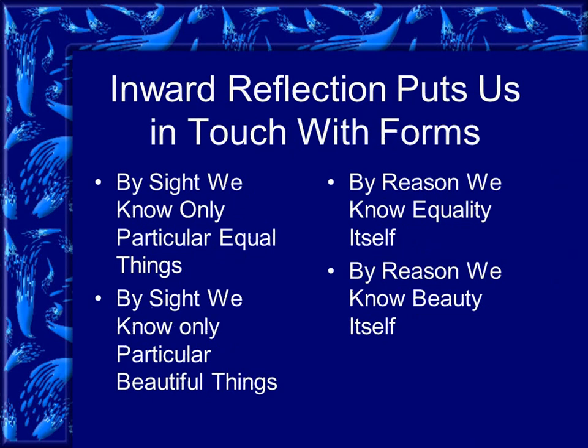Again, it's using our reasoning abilities, like Meno's slave boy, that gets us in touch with these eternal truths of the forms. And it's in rational discussion that we get closer to knowing what a triangle really is, or what justice really is.